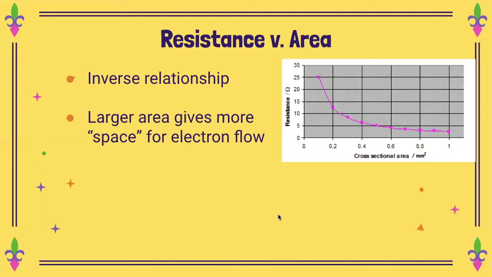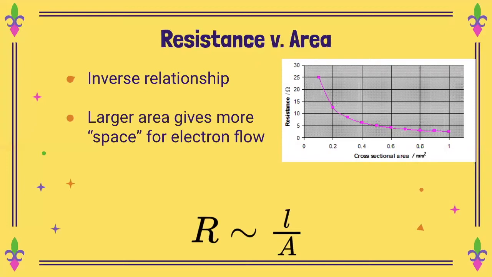You can imagine 1,000 people trying to get out of the cafeteria really fast. If you opened a second door, they'd be able to flow out faster because there'd be more space, more paths, more options. And that's why, with the inverse relationship, the area ends up being in the denominator of our resistance equation.